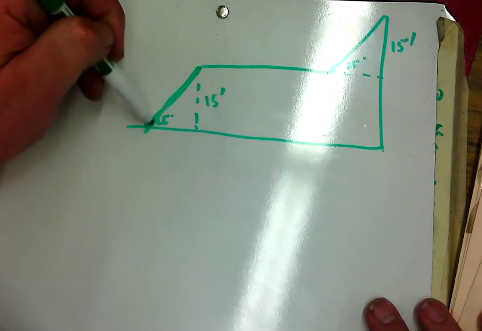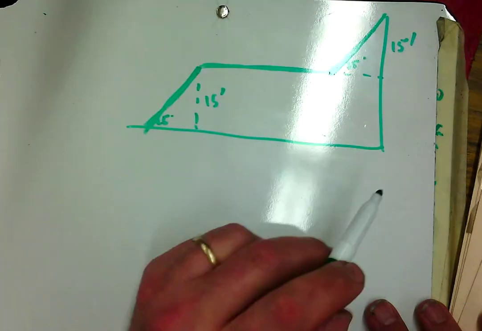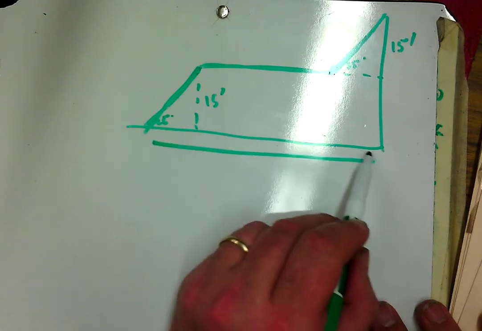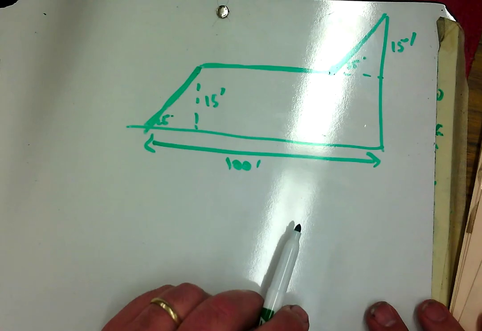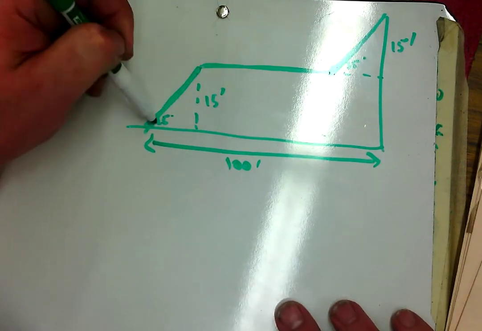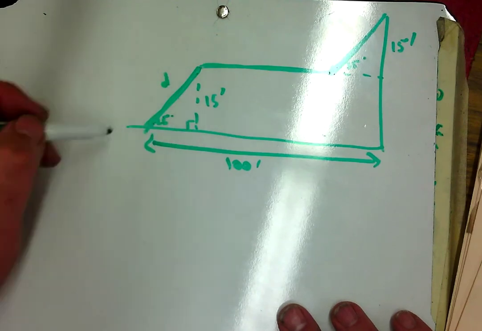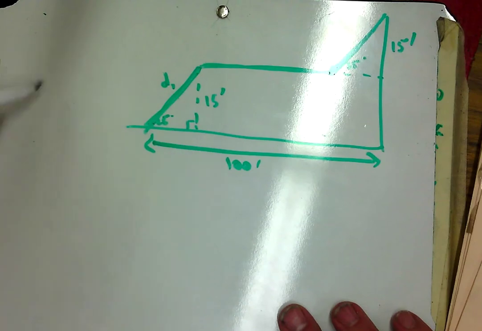Now, this is part of the ride, this is part of the ride, this is part of the ride. And we know that this distance is 100 feet. Okay, so let's start by finding this piece. That's D1, and that's opposite and hypotenuse.